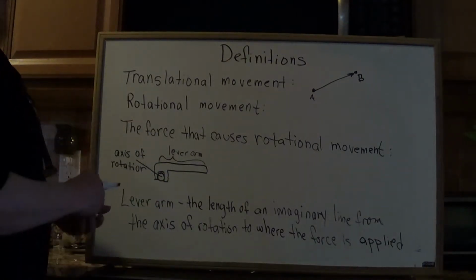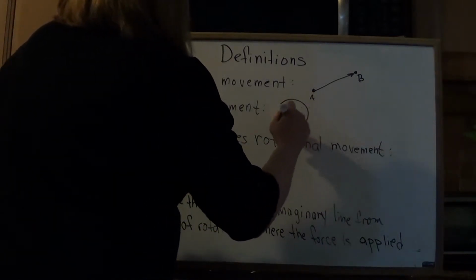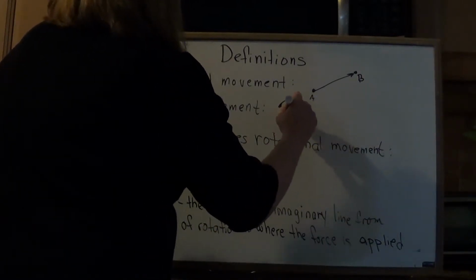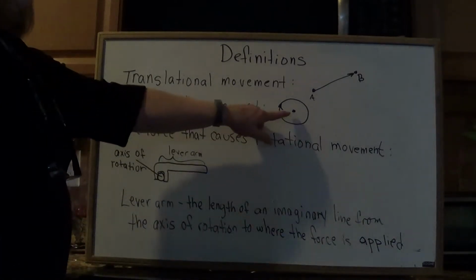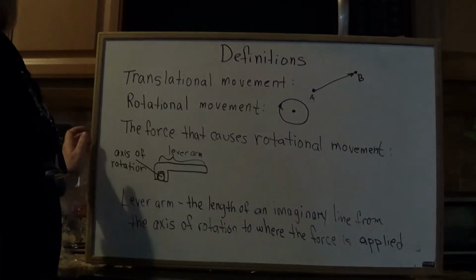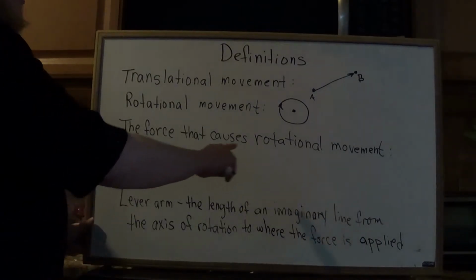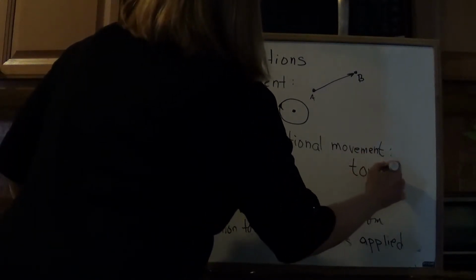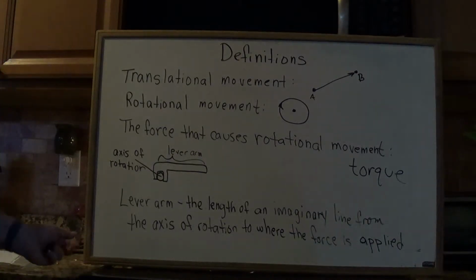Then today is our new type of motion. It's rotational. So we're going to go around the center point, and we call that center point the axis of rotation, and we'll see that in a minute again. And the force that causes all rotational movement is called torque. Torque is the new force that we're studying today.